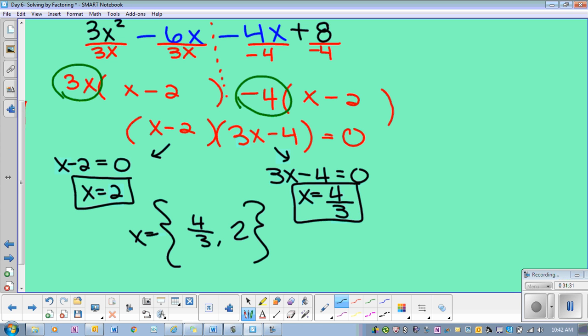And then in my solution set, technically you'll put the smaller number first, but am I going to mark you wrong?